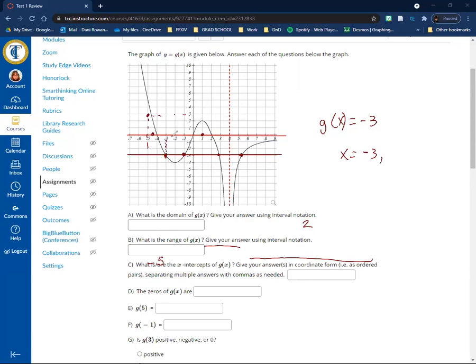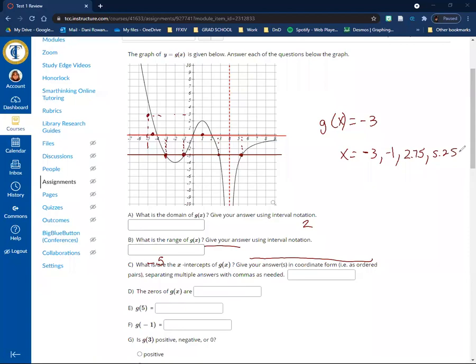So that would be -3. Looking at this point, that would be -1. Looking at this one, I'm going to guesstimate 2.75. And then this one at 5.25.